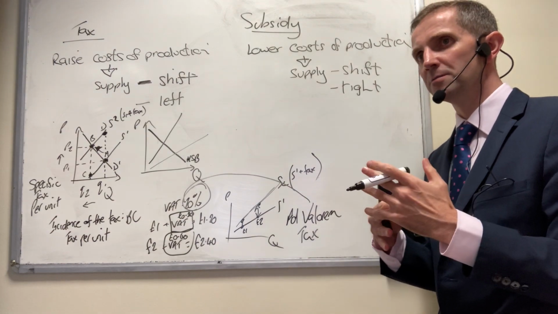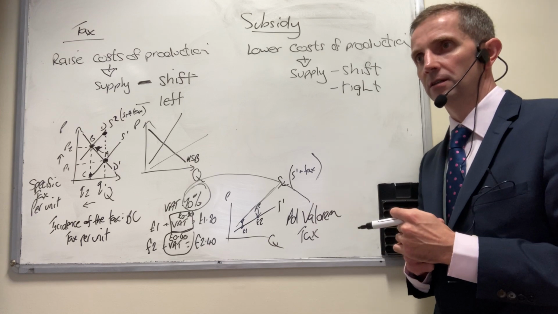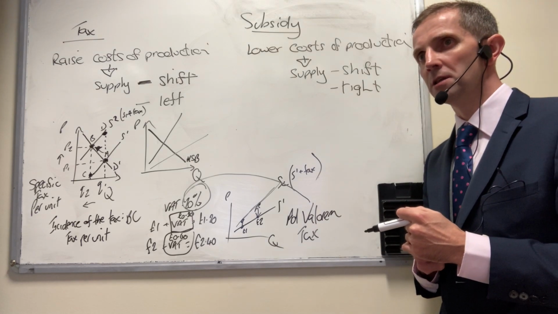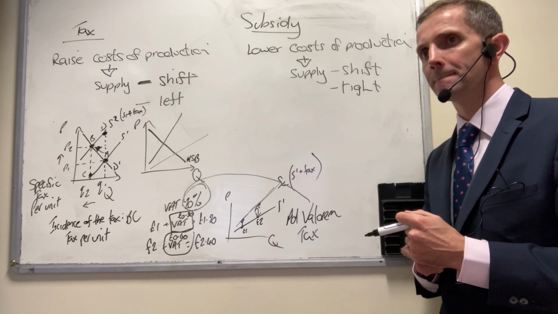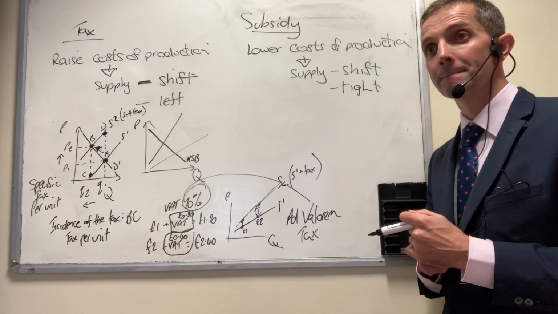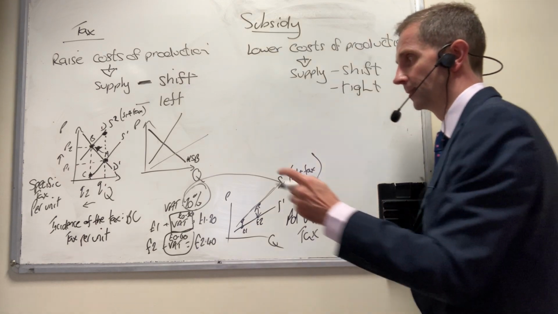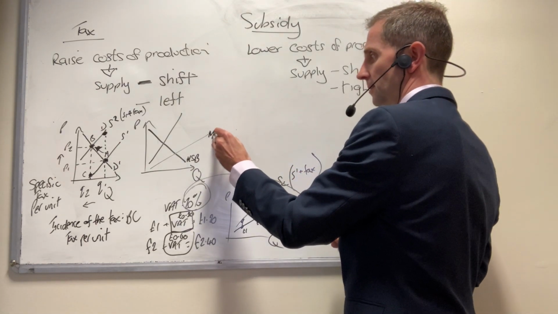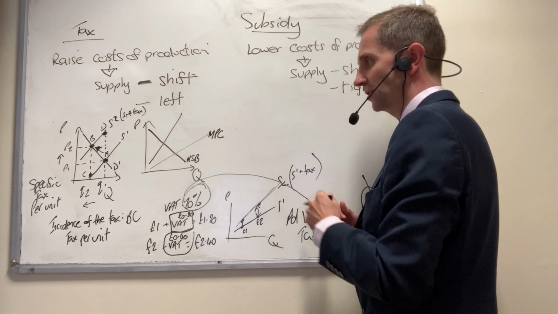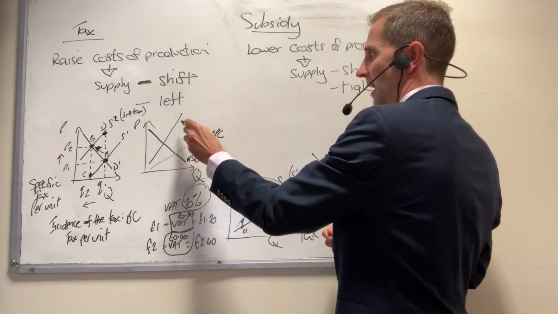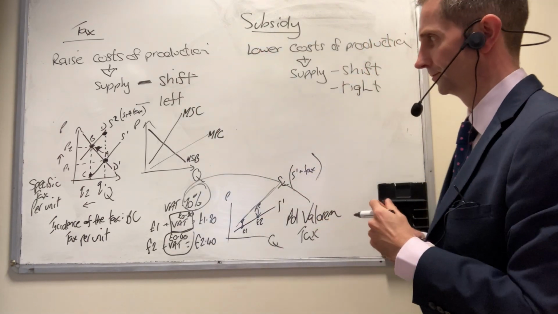And instead of calling them S1 and S2, this time you're going to call them MPC. So this would be if you were talking about negative externality diagrams. You're going to say MPC and MSC.